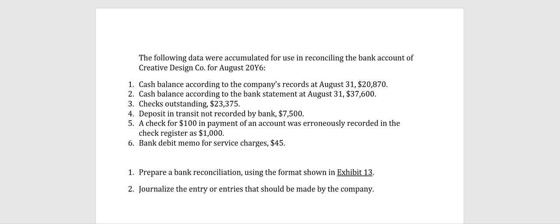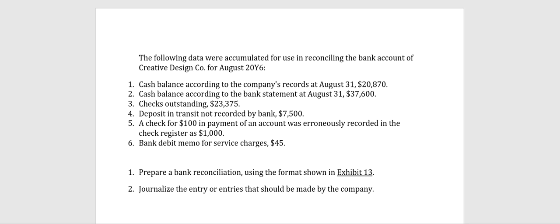So they tell us that there are checks outstanding in the amount of $23,375. When we're talking about outstanding checks, those are checks that the company has written, the company has journalized, and the company has sent out to those that they owed that money to. However, the businesses they've sent the money to just simply have not cashed those checks yet.